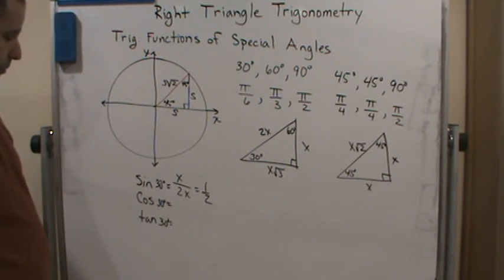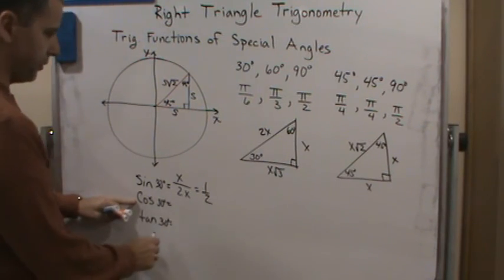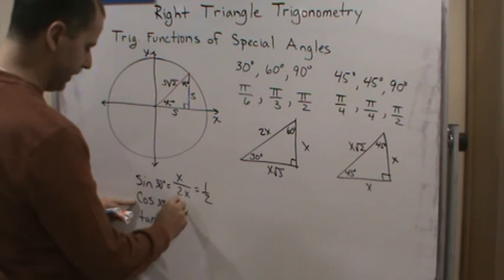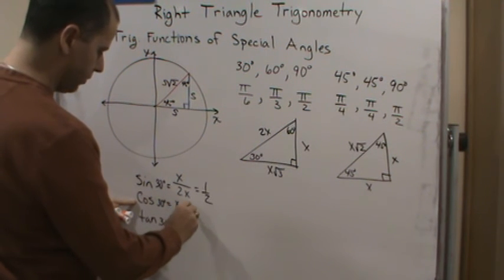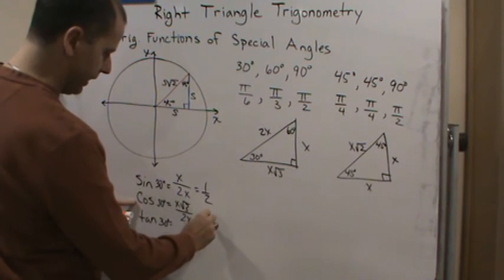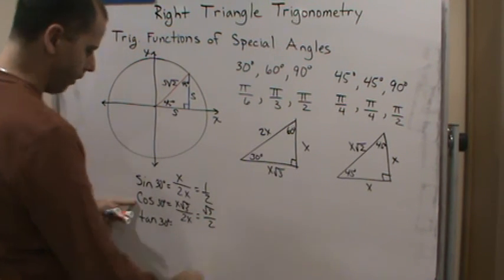The sine of 30 degrees is always going to be a half. It's constant. So cosine of 30 degrees is adjacent over hypotenuse. That gives me x times the square root of 3 divided by 2x. The x's cancel out, and I get the square root of 3 over 2.